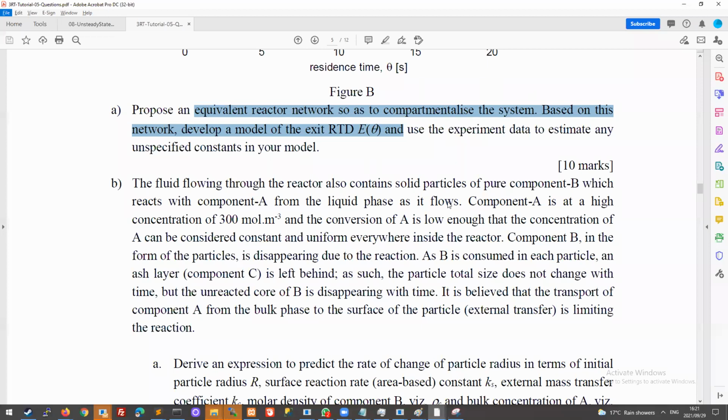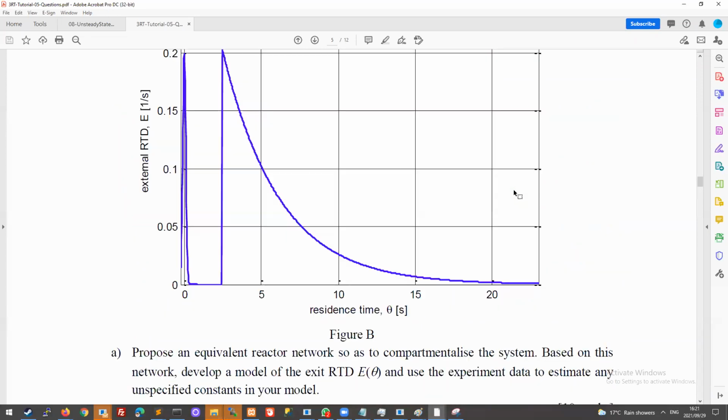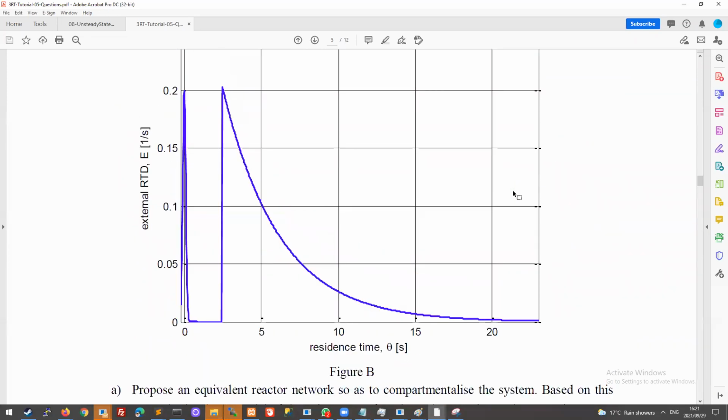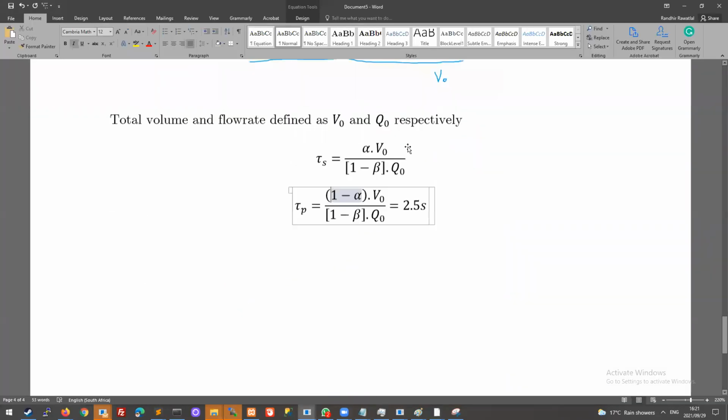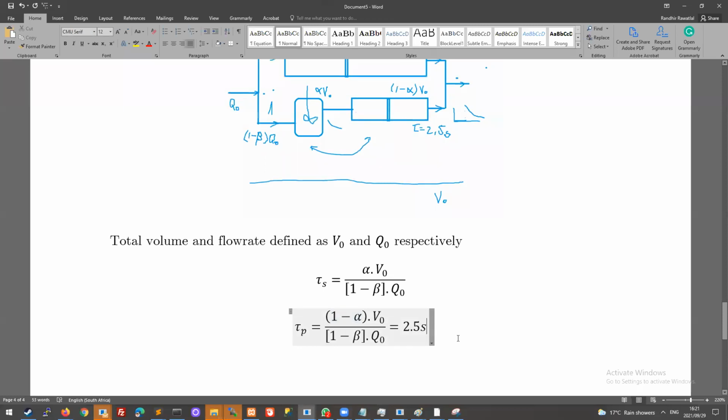And to do that, we should look at the curve for any features that we can see. One feature is simply the maximum point here. So can we identify this point? Does that have a special value? To do that, we actually need the model, which is what part A asked for anyway.